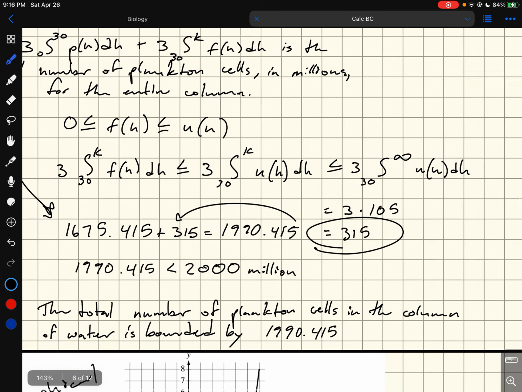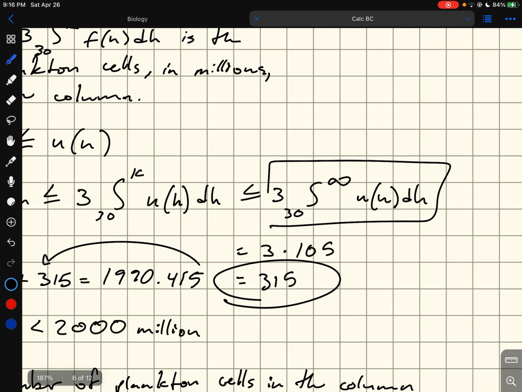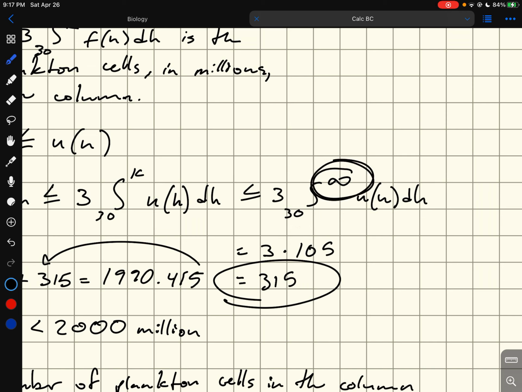And the reason we say bounded is because this goes on to infinity. So that is the maximum amount of plankton cells that you could have in that column of water, because the depth goes to infinity.